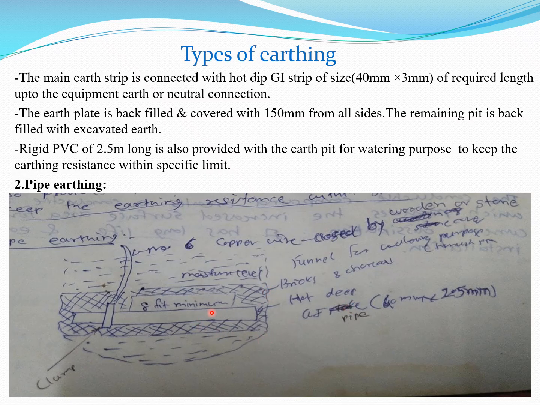Then there is a brick construction and a charcoal plus salt mixture around the pipe. Then number 6 copper wire, which is closed by a wooden or stone cover, is used for earthing purposes. This wire is fixed with the pipe with the help of a clamp. There is also a funnel arrangement for watering purposes.